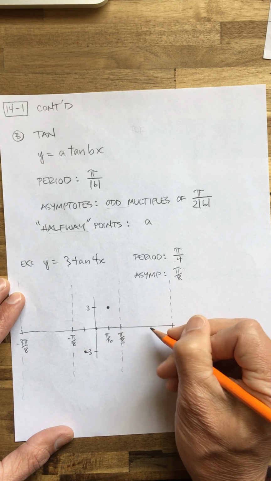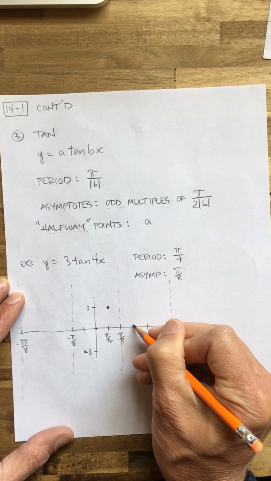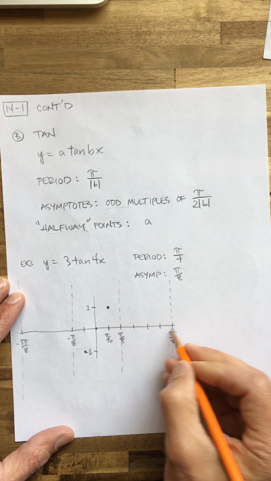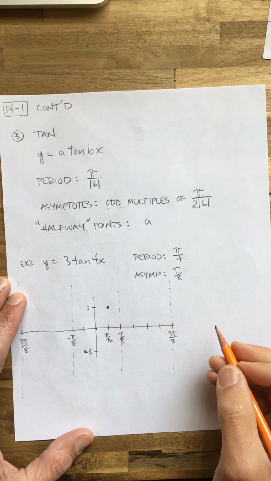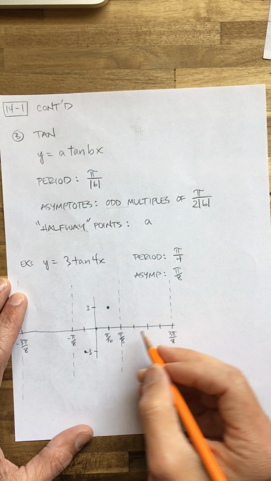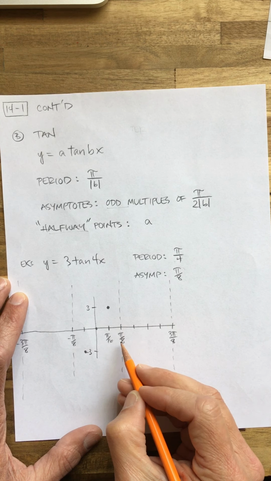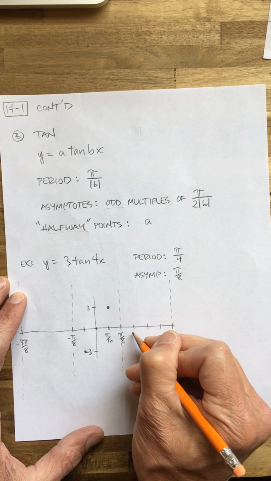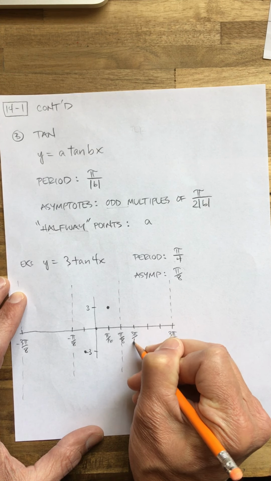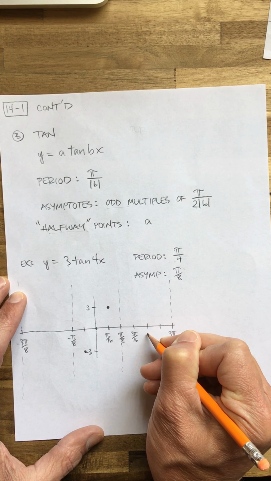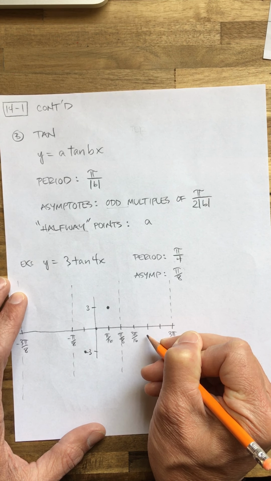All right, what would this guy be? It's important that we're labeling this stuff. Notice how I just sectioned it into 4 pieces. Well, can you count by pi over 16? Here's 1 pi over 16, 2 pi over 16, 3 pi over 16, 4 pi over 16. What does 4 pi over 16 reduce to?